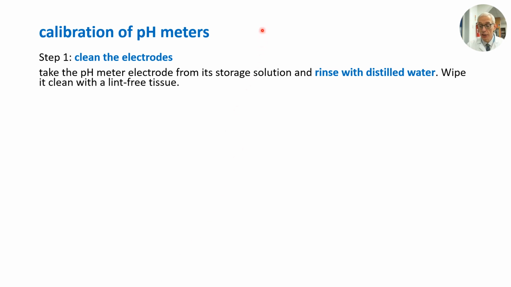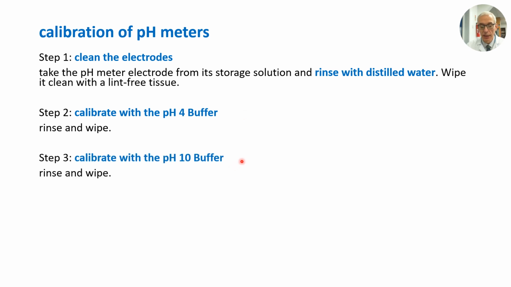Calibration of pH meters in schools is generally what's called a 2-point calibration. So you start with the process of cleaning the electrodes, which is essentially with distilled water and lint-free tissue. Then you calibrate with a buffer at pH 4.